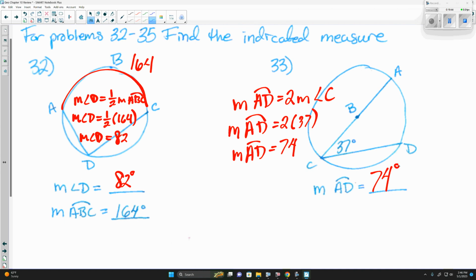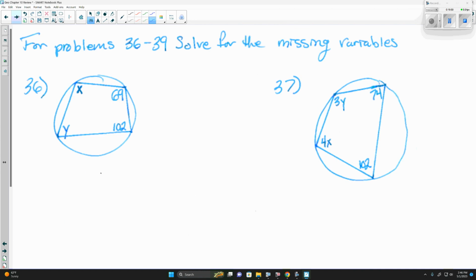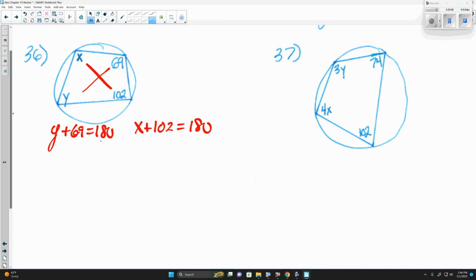Any other questions on 32 or 33? We ready to look at the next two? 36. If we have an inscribed quadrilateral, the opposite angles add together to be 180. So y plus 69 is equal to 180, and x plus 102 is equal to 180.